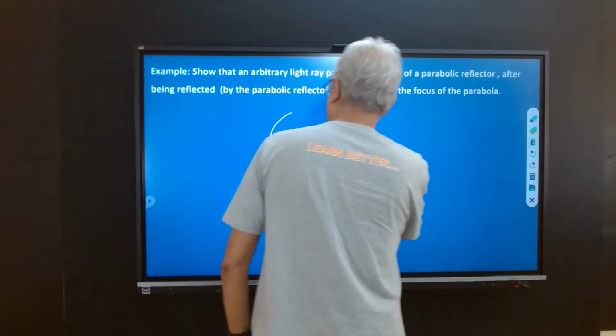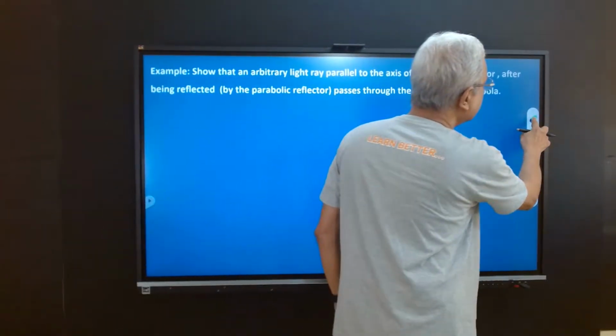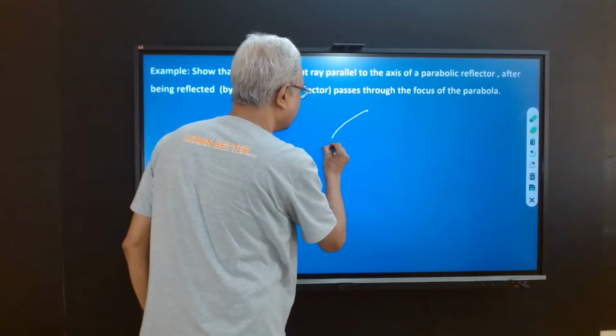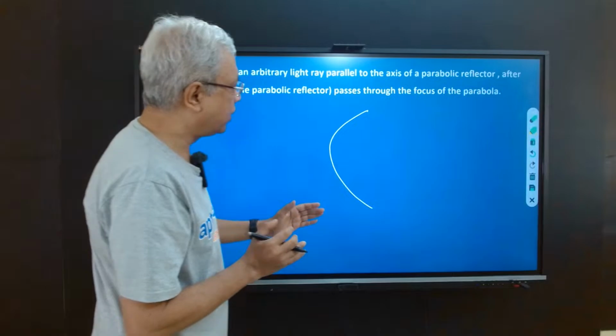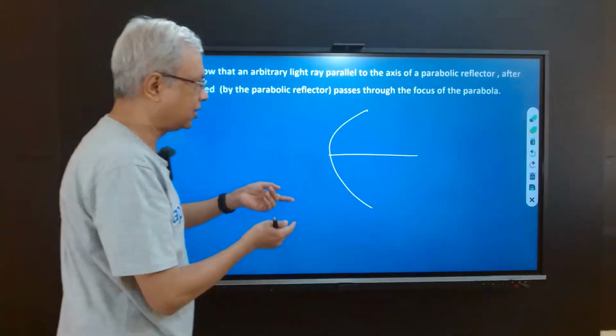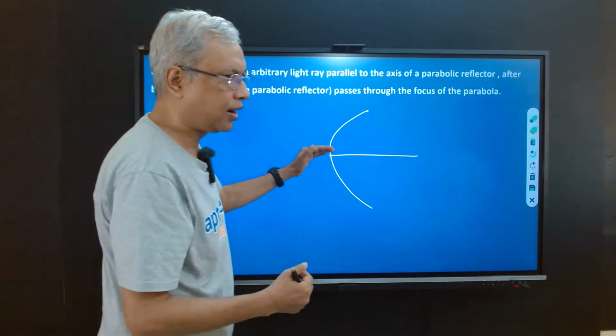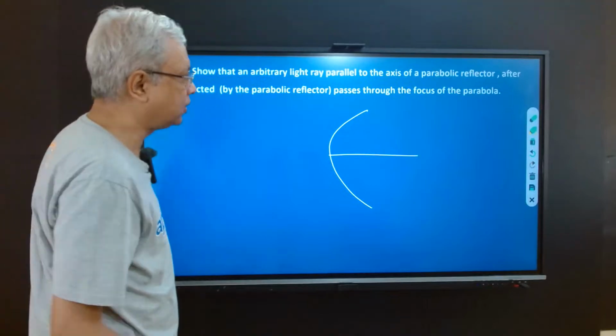Let me draw it once again. So a parabolic reflector is a paraboloid. That means a parabola of revolution. If this is the axis of the parabola, if I revolve this parabola around its axis, I get a three-dimensional figure, and that is a paraboloid.